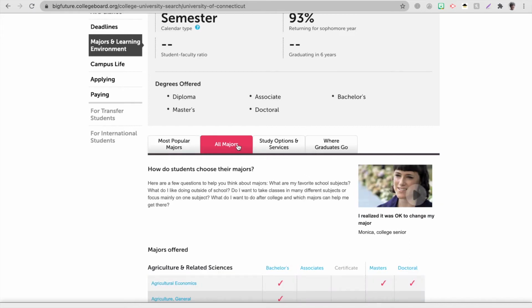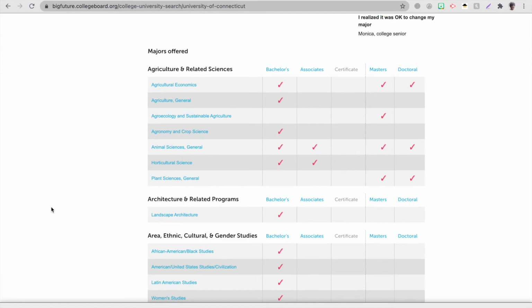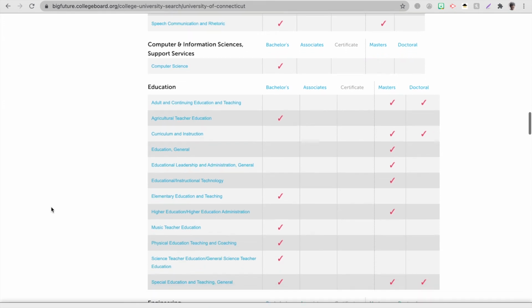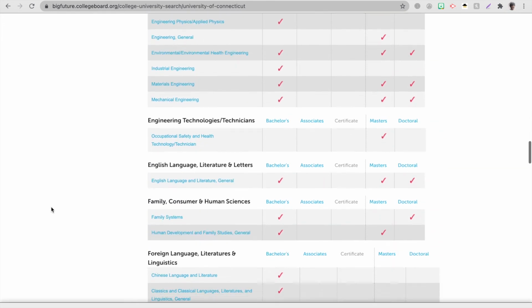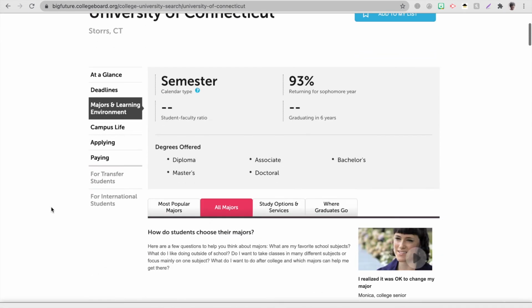So for example, if you wanted to be a chef, you would have to look to make sure that UConn offered culinary arts. If it didn't offer culinary arts, you'd have to find a school that did. But you would go through and you would see all of the things that each school offers as a major. So that's important for you to check.